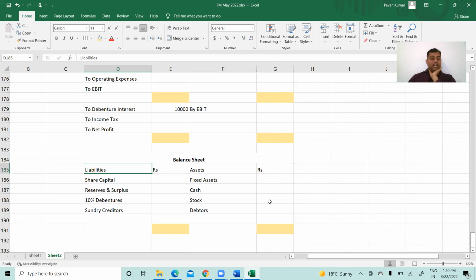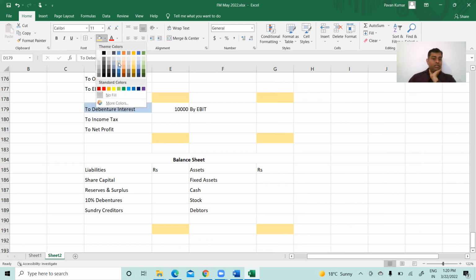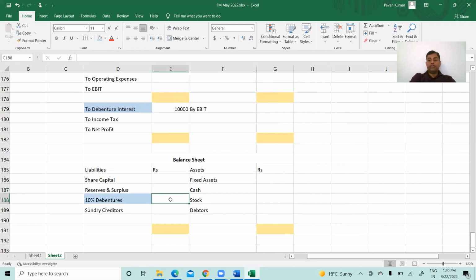Dharini, looking at these two, can you tell me what will be the debentures amount? All of you, can you please tell me in the chat box? You know that the debenture interest rate is 10%. You know that interest paid is 10,000. So what will be the value of debenture capital?